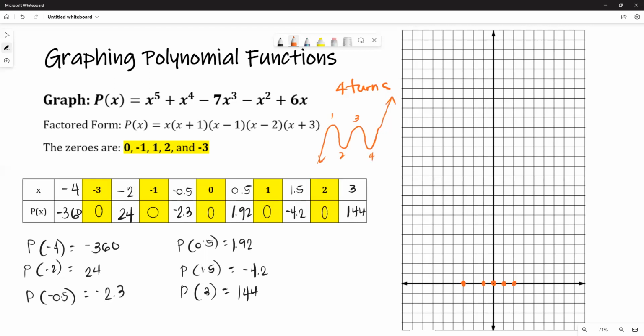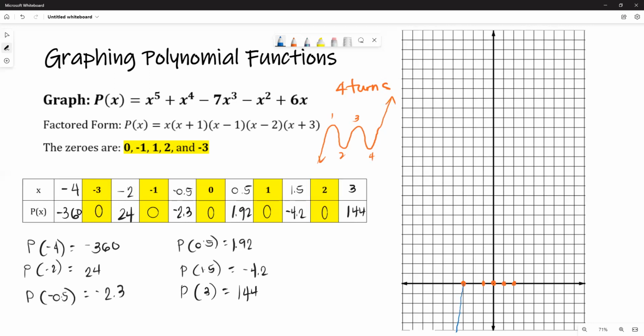So by looking at our table of values, let's identify the movement of our graph. For negative 4, negative 360, it's somewhere there down below. So the movement will be from this point, passing through negative 3, 0.